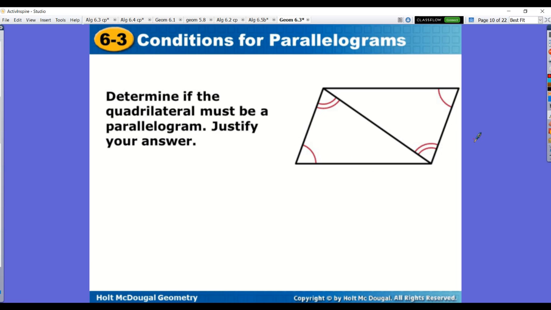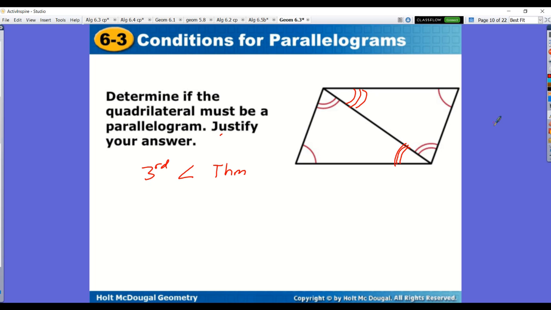The one that we're going to use came from our triangle chapter, and it's the third angle theorem. What that theorem says is that if you have two angles of a triangle that are congruent to two angles of another triangle, then we know that the third angles of those triangles are going to be congruent. Because of this situation here, I know that this angle here will be congruent to this angle here.